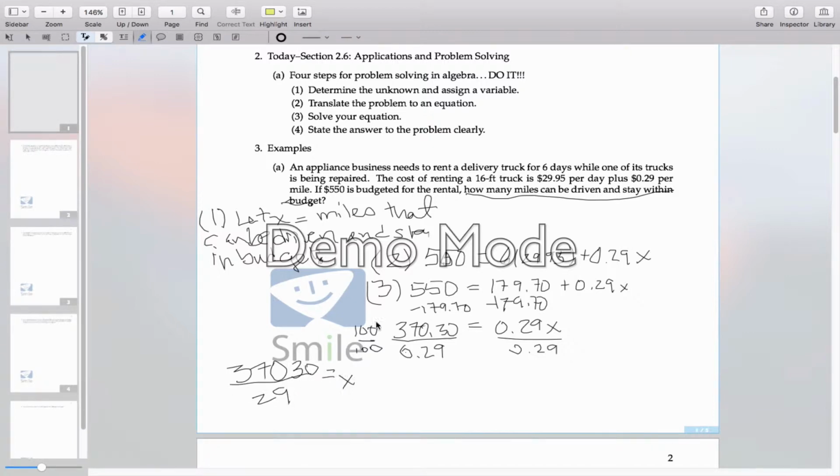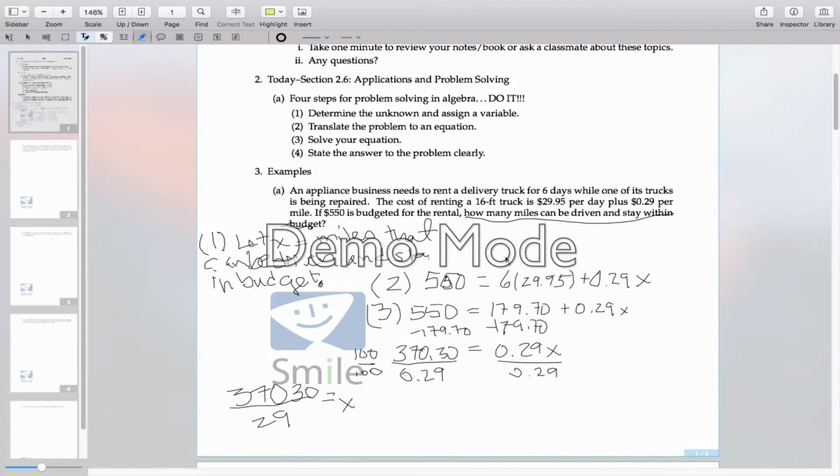That equals x. And now I'm going to move the screen up a little bit, and I'm going to do this long division over here. So my divisor is 29. My dividend is 37,030. And I'm going to think about how many groups of 29 I can make out of 37.